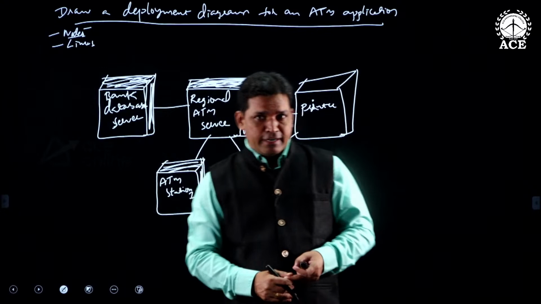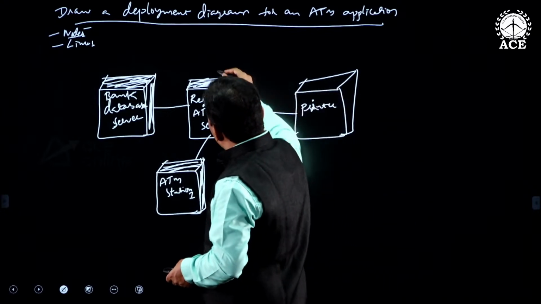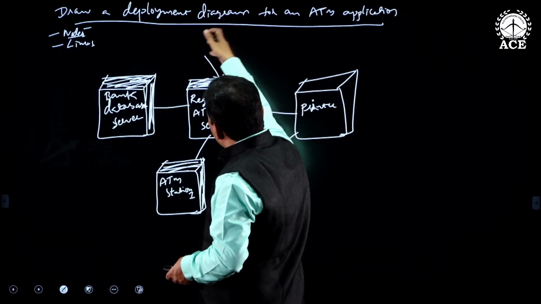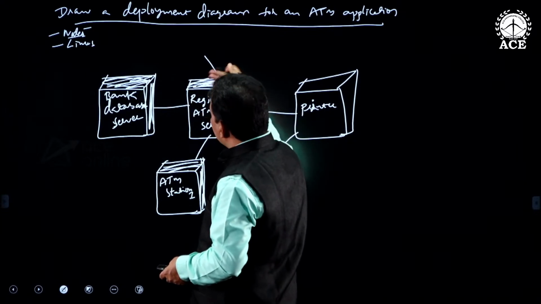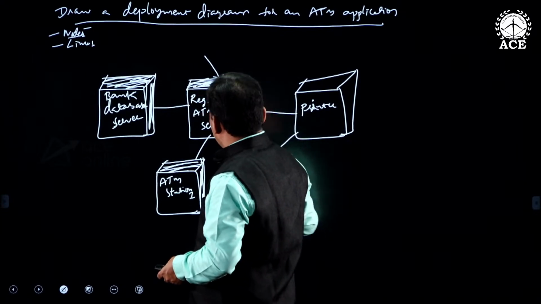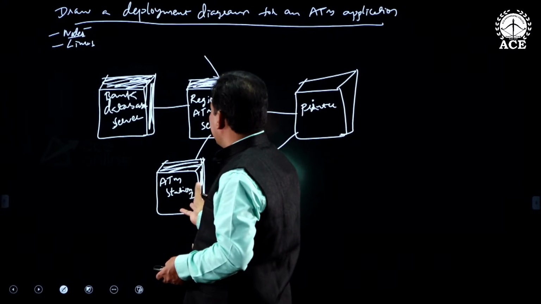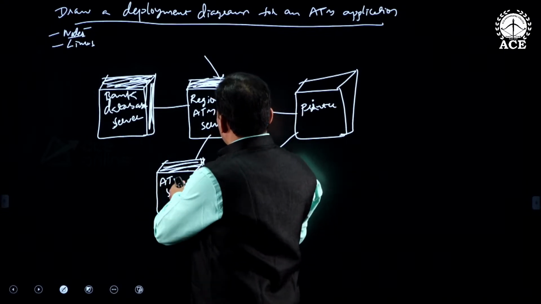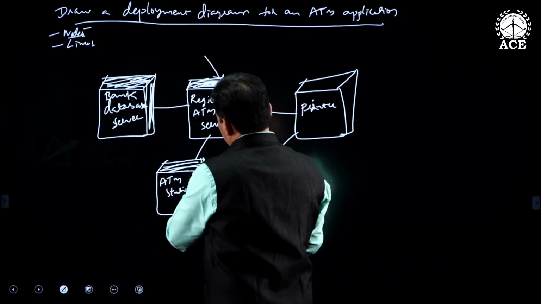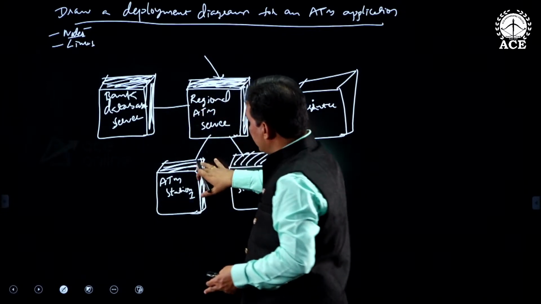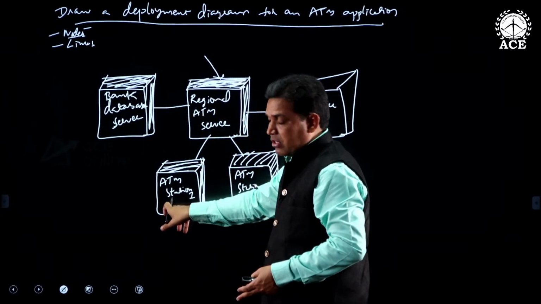Deployment diagram for an ATM application. On these servers, some software components, developed applications, can be deployed, which can run continuously in the server, right? And these are ATM station 1 and station 2. Through these ATM machines, the users can communicate and perform their operations, withdraw, deposit and all.